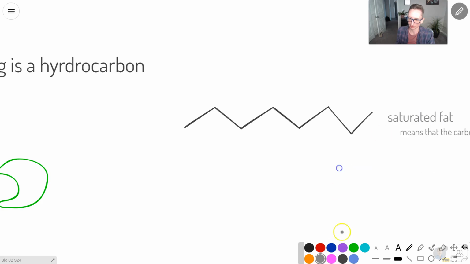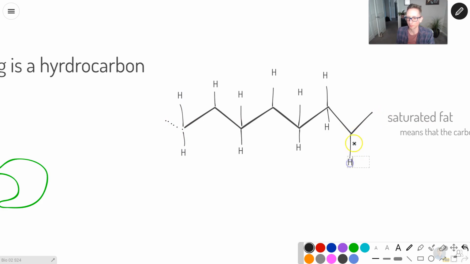Pretty nifty. So if we kind of do this whole little process and label all of these with our hydrogens, like so, every one of these carbons is going to be bound to 2 hydrogens. That's what saturated fat means. Okay. And this of course would continue on. I'm not going to draw it out, but that would continue on. And then this one would actually have 3.